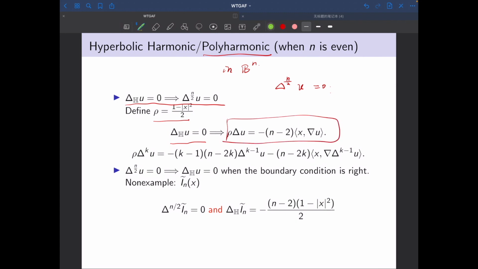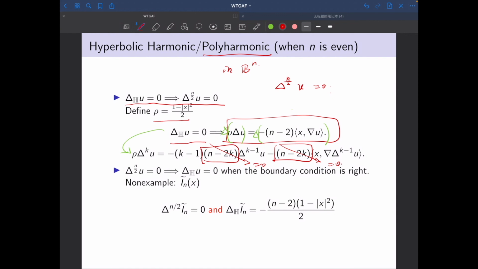And if you keep applying the Laplacian to both sides, apply it again and again, and then you apply it k times, you arrive at this inductive relation over here. Now if you apply exactly n over 2 times, these two terms will just equal 0, so that you get 0. And that's a proof that hyperbolic harmonic functions are polyharmonic functions.